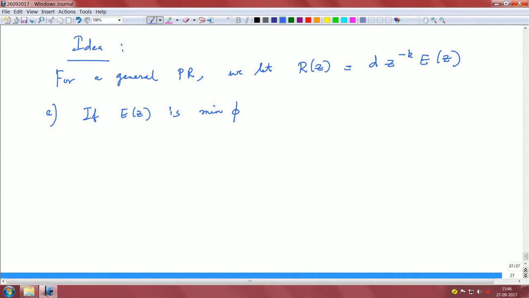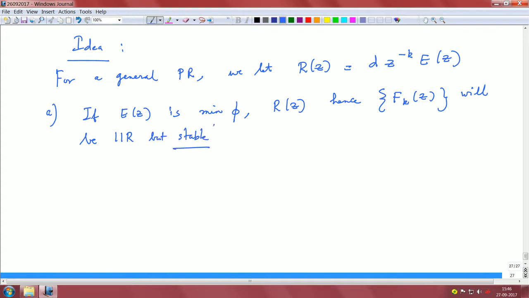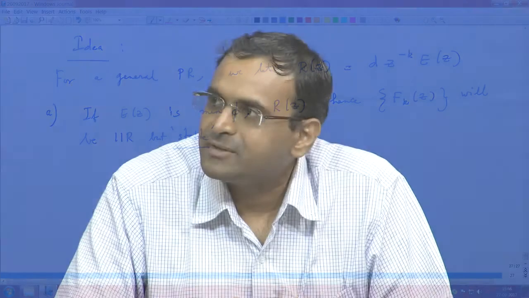So, if it is minimum phase, then R of z, and hence the synthesis filters f k of z, will be IIR but stable. Right, because if you just invert it, the zeros will become the poles and the poles will become zeros. So, therefore, stability is ensured.